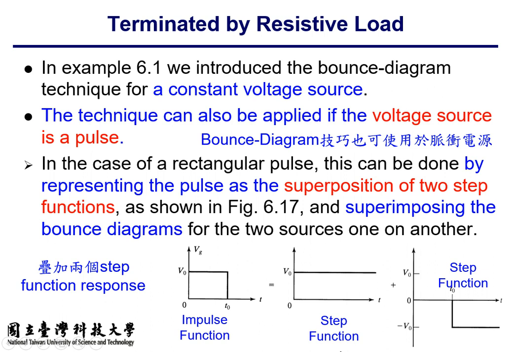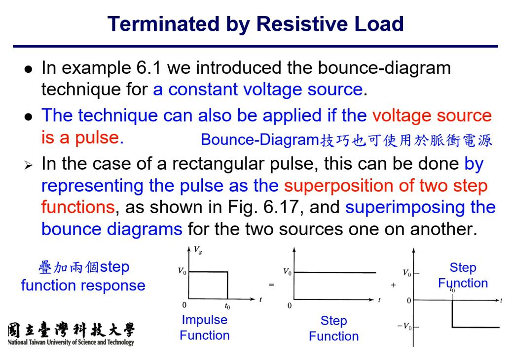This pulse function can be regarded as a subtraction or addition of two step functions. There will be this step function and this step function. So if you add it up, the two step functions will end up with this pulse function.